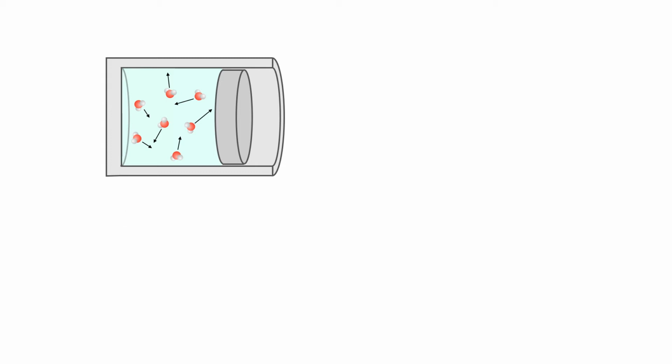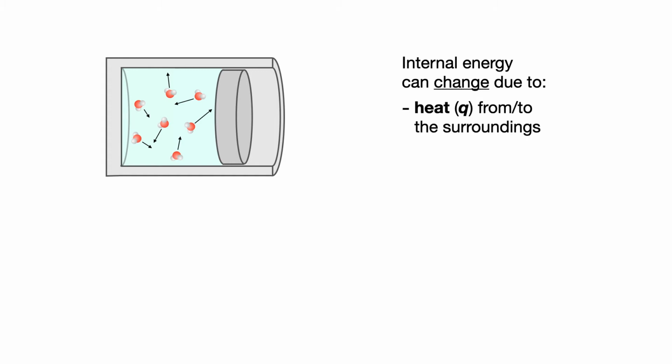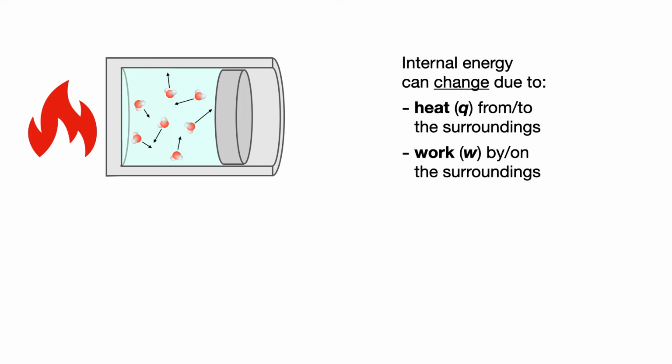Now, the internal energy of a system can change for a variety of reasons. For one thing, heat can flow in or out of the system from the surroundings. So if you were to apply heat to the cylinder, that would add to the energy of the system and cause the molecules to move faster. And then you can also affect the energy by doing work on the system or by the system on the surroundings.